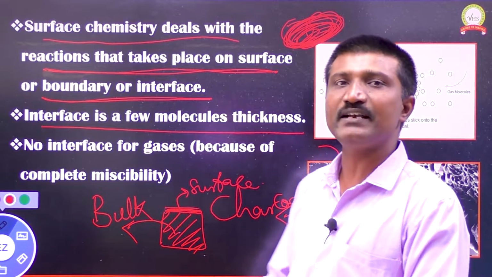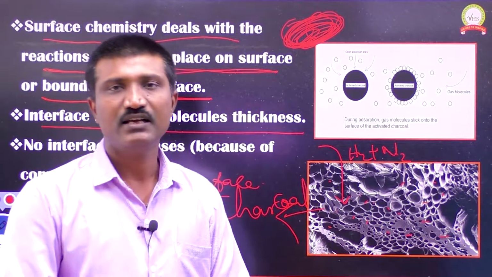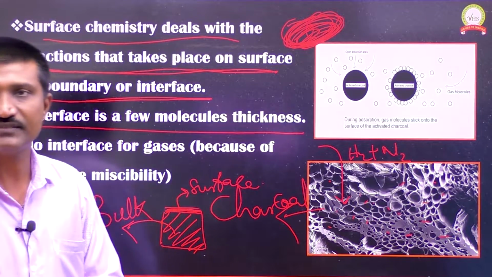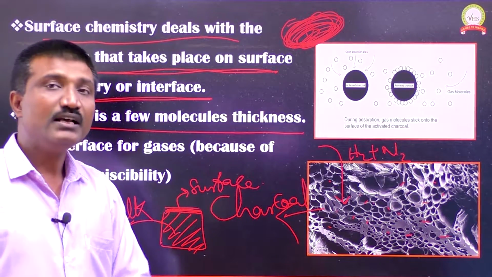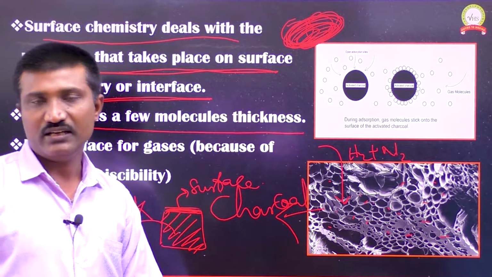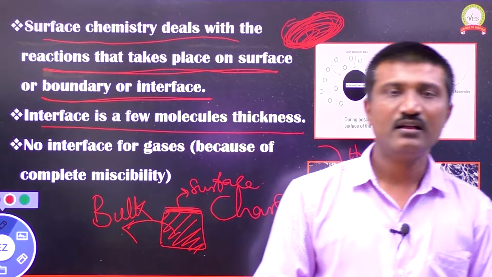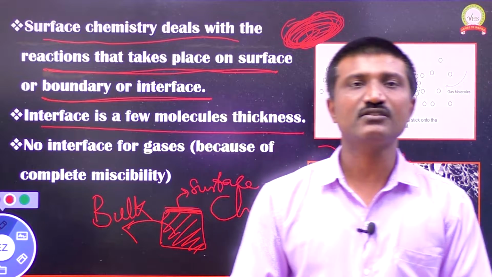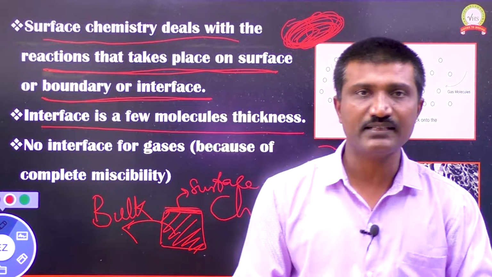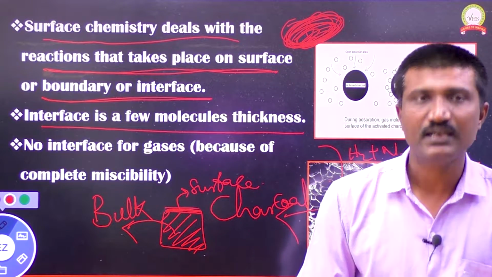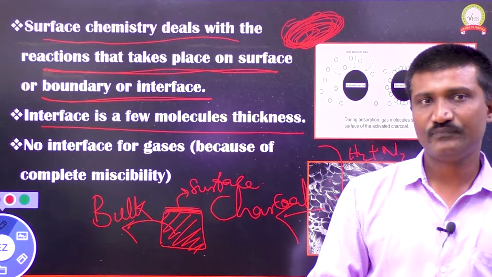Due to that complete mixing of the two gases, we can't express a surface for a gas. So, in surface chemistry, we have to take either solid or liquid substances only, which provide the surface to take part in a chemical reaction.